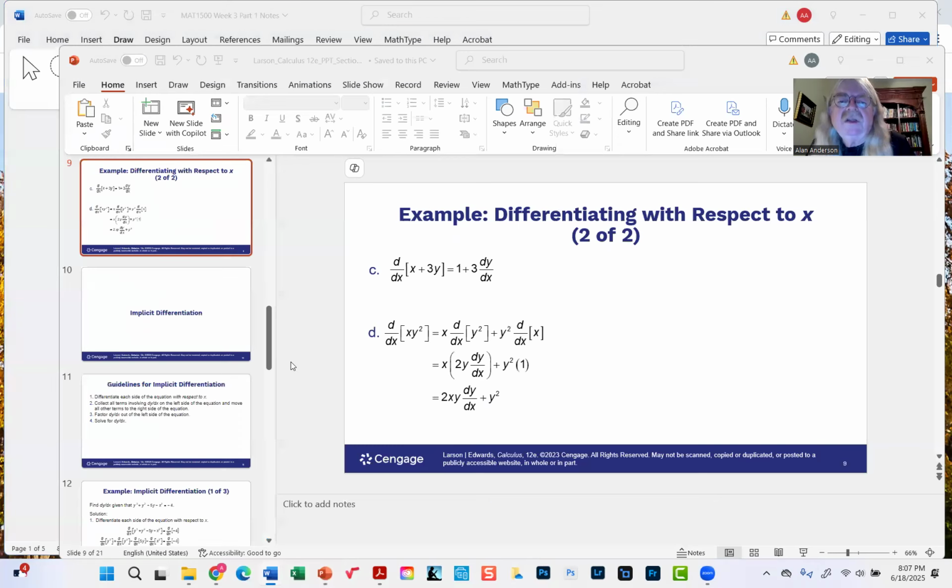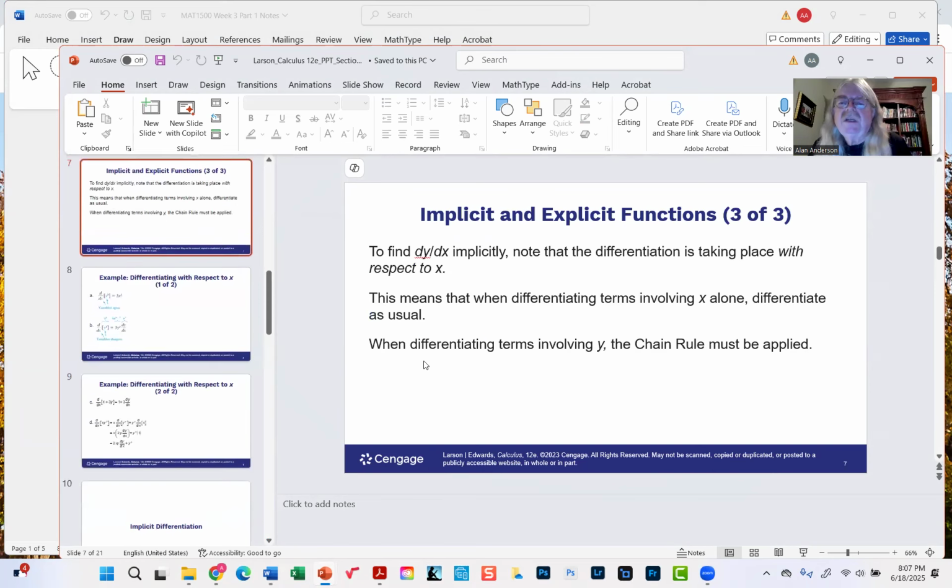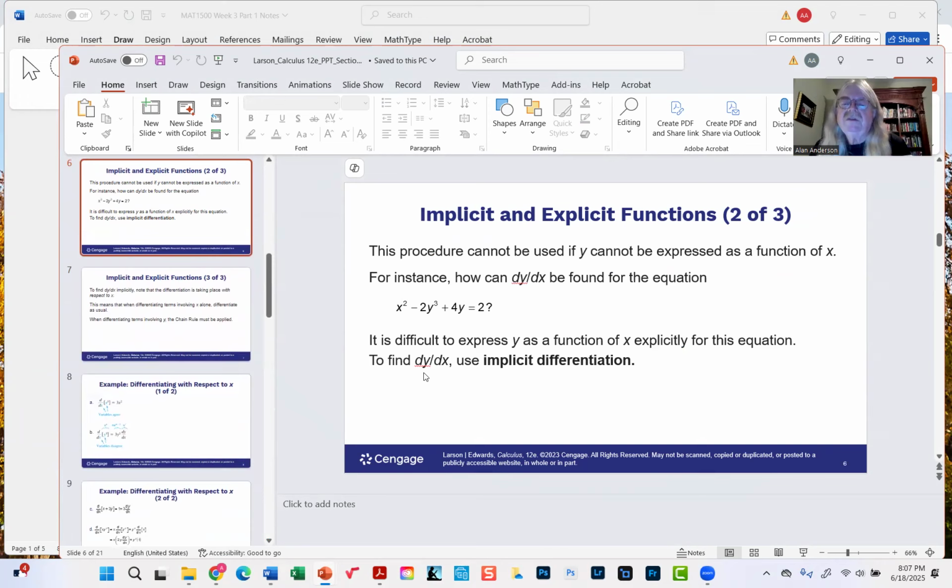So how does that work? In a lot of ways, it's really no different than what we're used to seeing, except, well, you'll see how it's different. Keep in mind that throughout this whole process, we are still differentiating y with respect to x. We're still assuming that y is a function of x, and so we're looking for the derivative of y with respect to x.